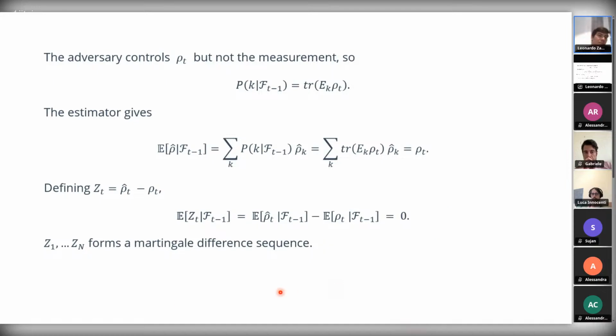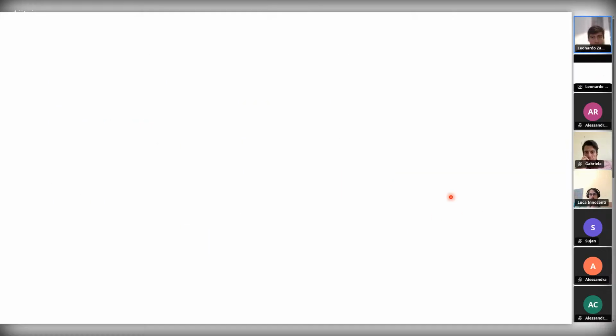Okay. So this property, in probability theory, this sequence of errors is called a martingale difference sequence. So it has a name. Okay, so we saw that the single shot estimators can be correlated between rounds, but they are conditionally unbiased.